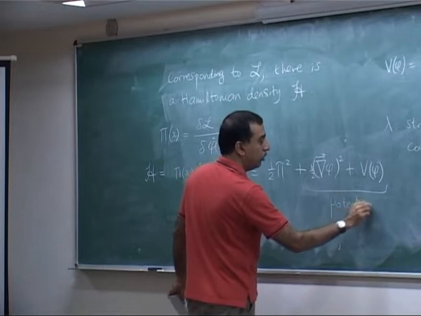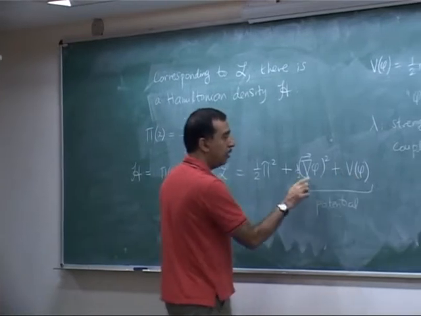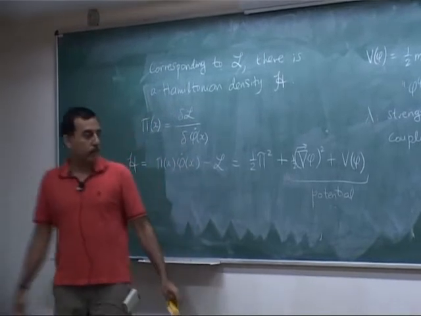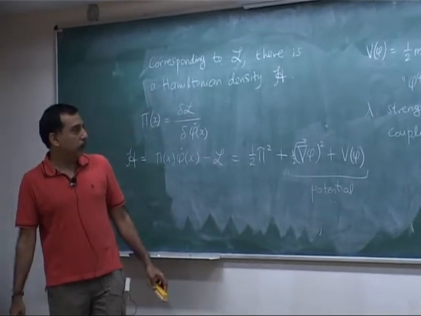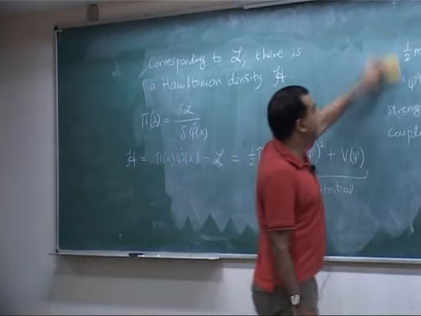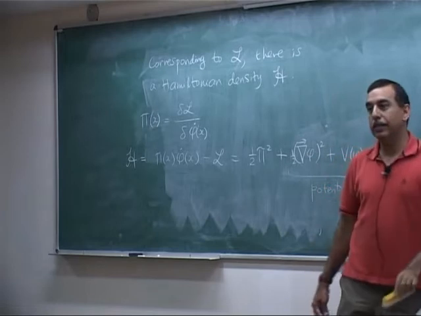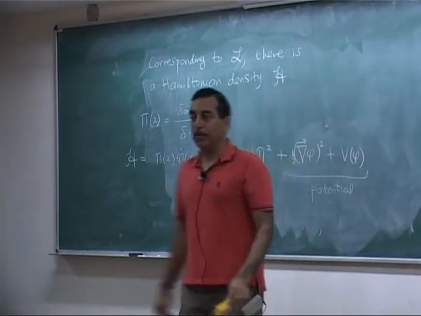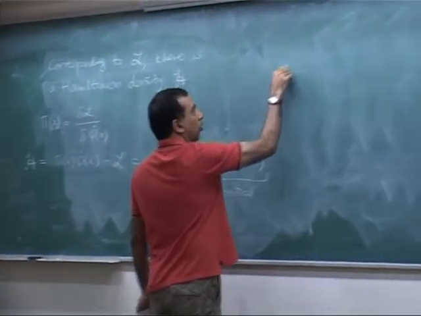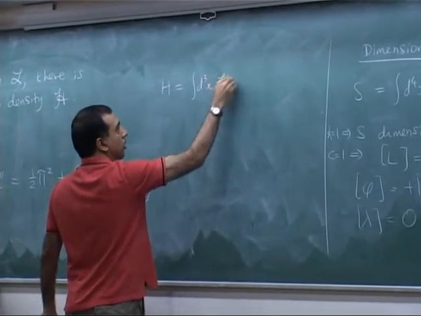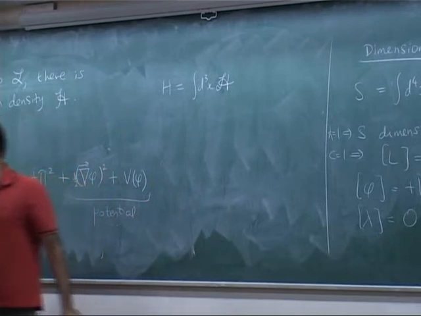So that includes the field potential which I put by hand and the field potential which comes from space variation of the field. Both are part of the Hamiltonian. This is the Hamiltonian density. So its physical interpretation is the energy density in space. So the Hamiltonian, which is the operator of energy, is the integral d3x of H, just as one would expect.